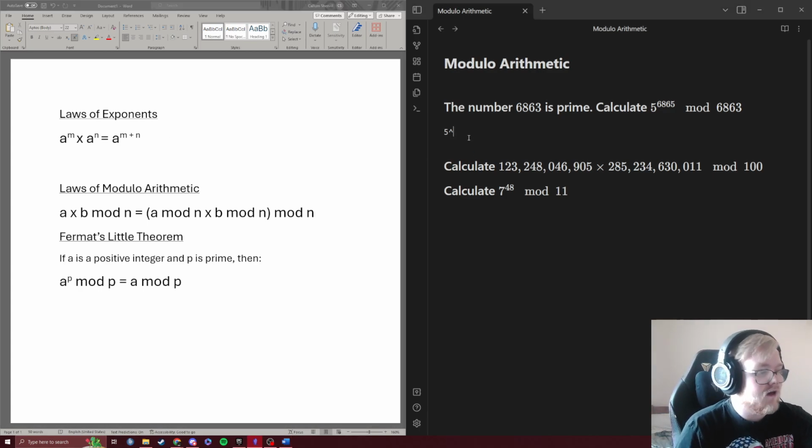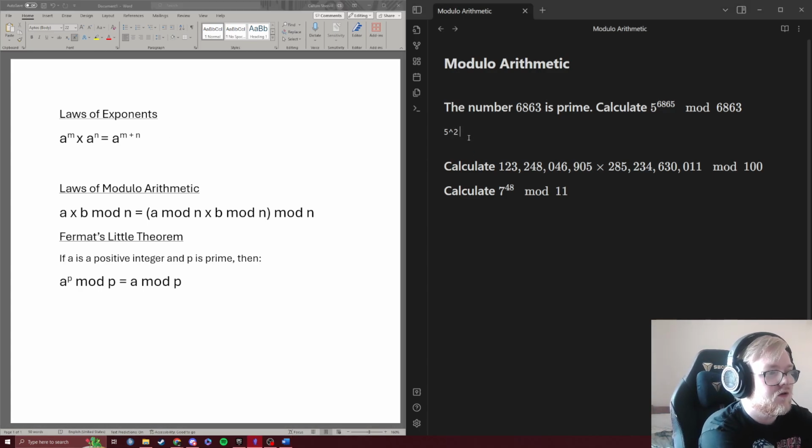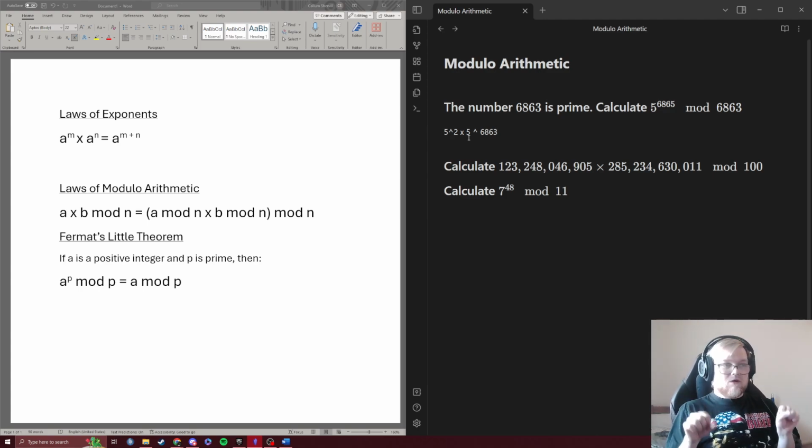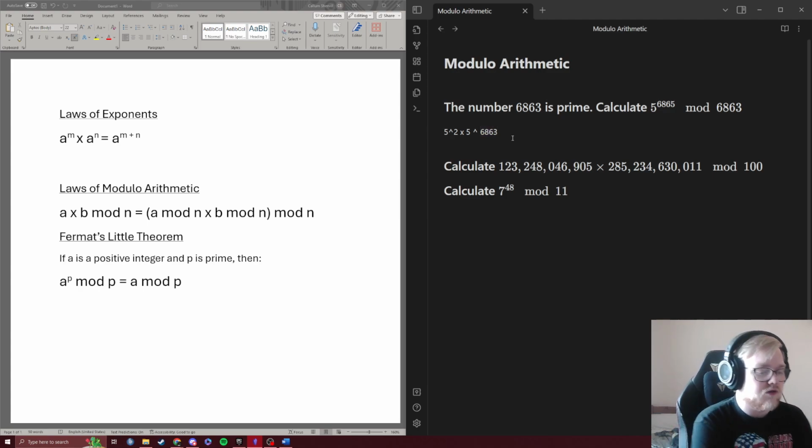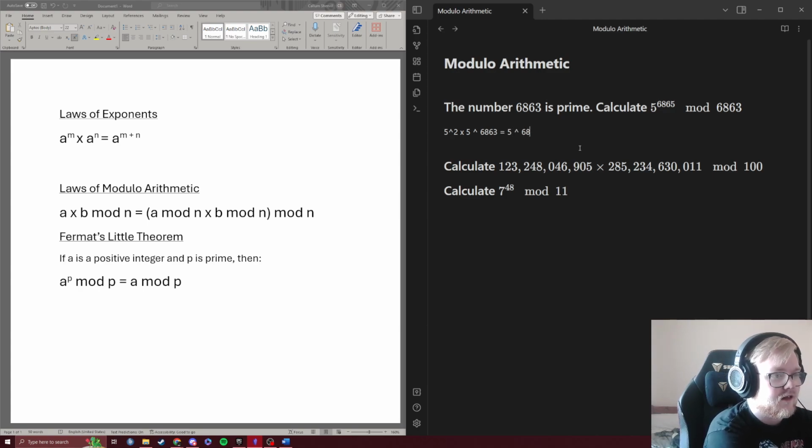So we can get 5 to the power of 2 times 5 to the power of 6863. Because once again, when multiplying these two together, the bases are the same and the exponents add. So we know that this equates to 5 to the power of 6865.